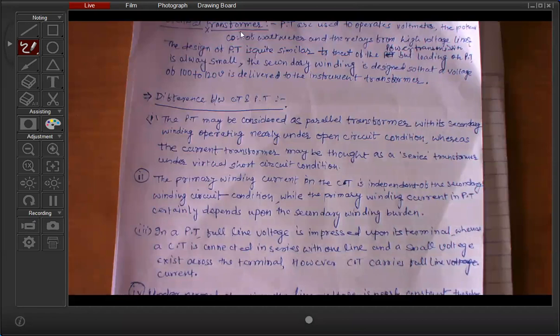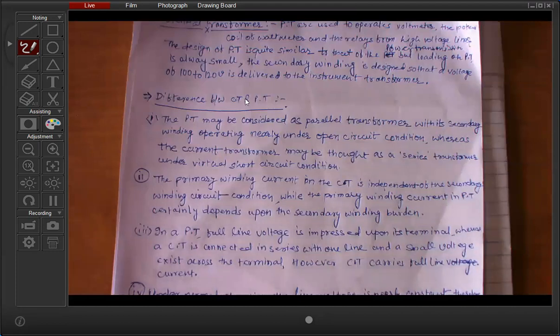So you can say CT is a step up transformer and PT is a step down transformer. Okay, so using CT you can step down the current, and using potential transformer you can step down the voltage. Yes or no?